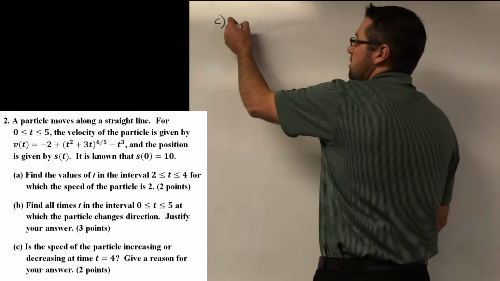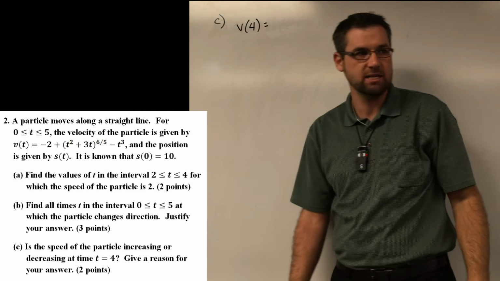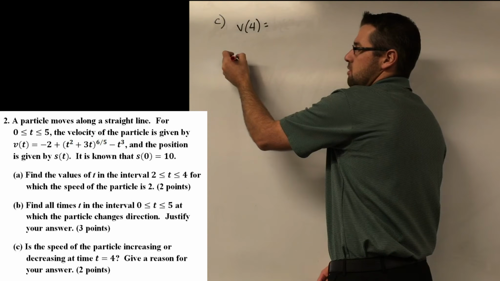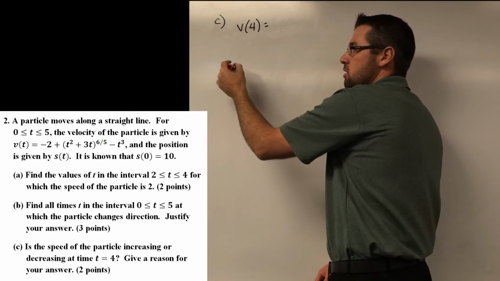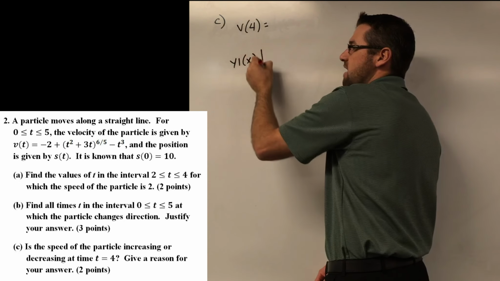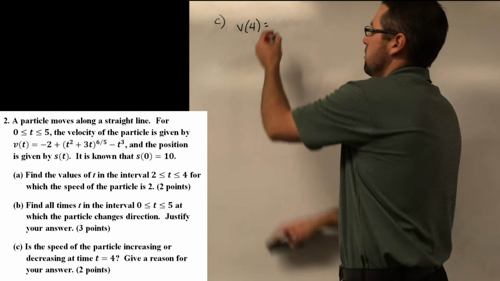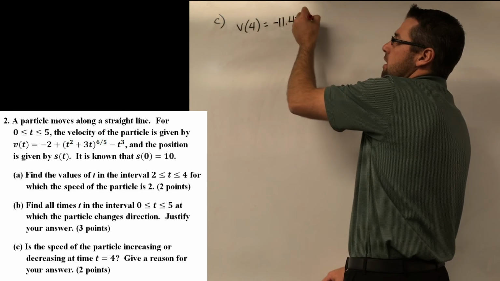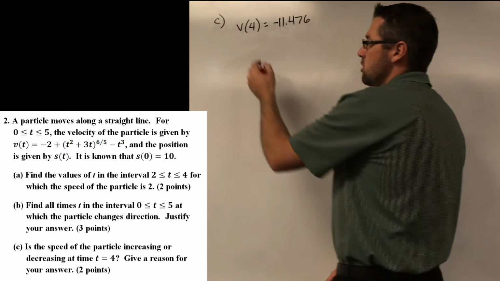So let's do this. V of 4 equals, so you have it saved in your Y list. What are you going to type into your calculator now? Into your home screen, you're going to type Y1, parentheses x, evaluated when x equals 4. Negative 11.476. Okay. Now, what is the other thing we have to find? The acceleration.